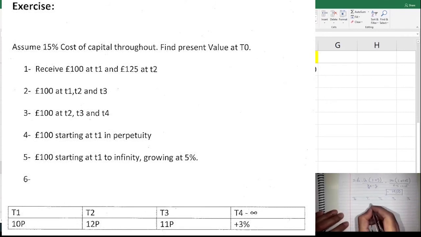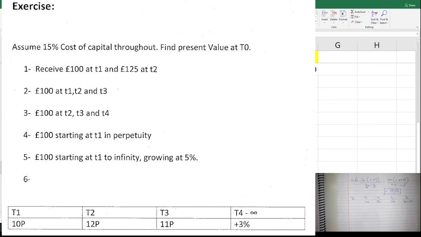So we are receiving 10 pence. It could be pounds as well. 11 pence. No, 12 pence. 11 pence. And then 11 pence plus 3%. I know it's not very clear that in year 4 you're getting 11 pence plus 3%, but that's what it is.